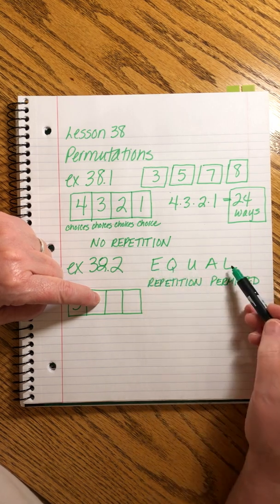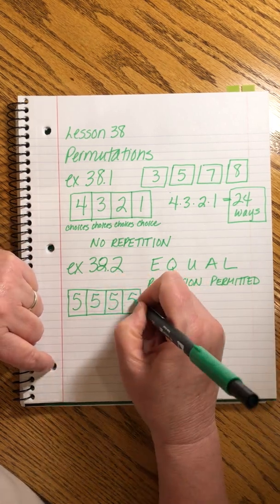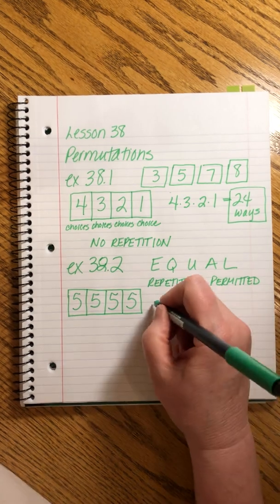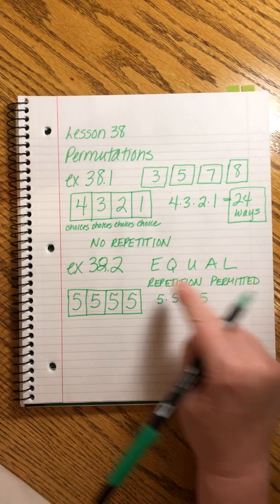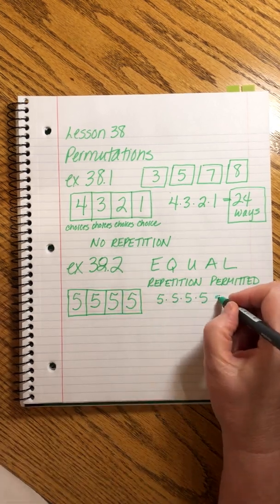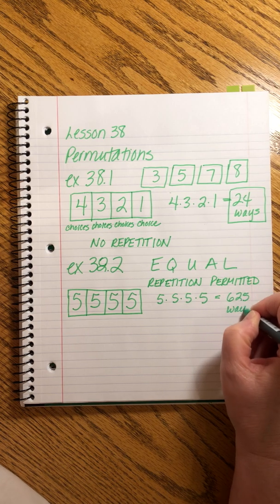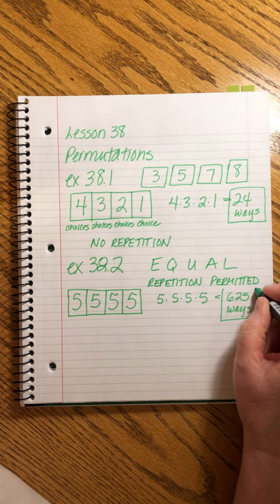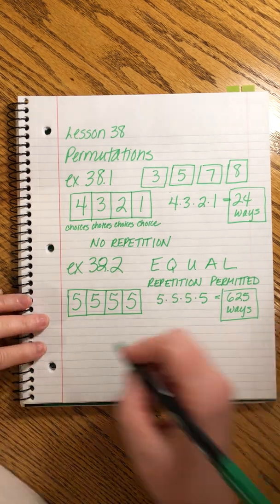So that means when we go to fill in the second letter, we still have 5 choices, and we still have 5 choices, and we still have 5 choices. So that means that when we calculate the number of ways we can combine these letters, remember the number of ways means permutations, that means there are 625 ways we can arrange those letters. Interesting, right? I mean, maybe not, but pretend.